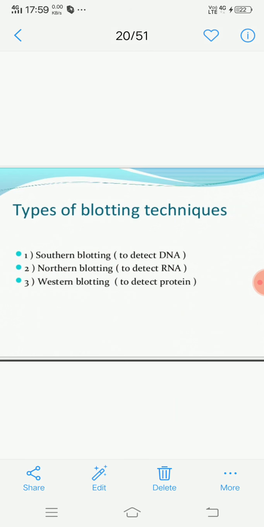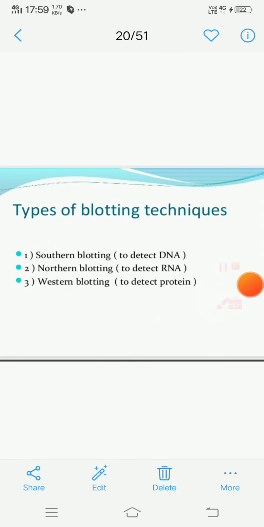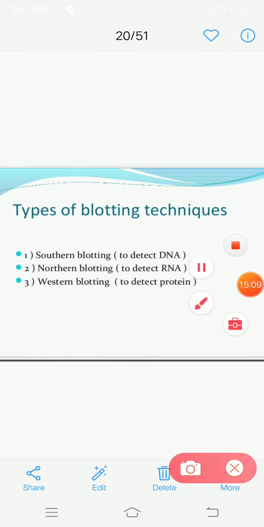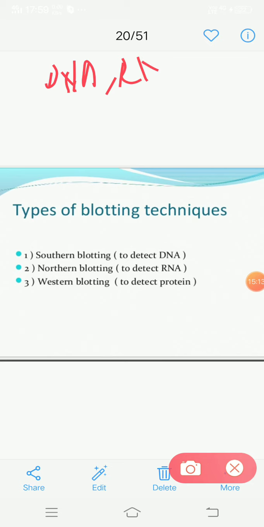So a probe is either a DNA or RNA sequence, a chain with a length of 10 to 10,000 base pairs. This DNA must be complementary to our gene of interest.